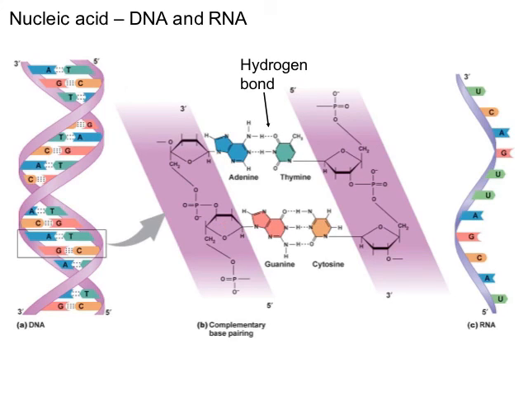Here are the sugars, and then here's the phosphate. And so it's just a bunch of nucleotides connected together in two linear chains, and they form these hydrogen bonds in between each other. And then shown over on the right side is RNA, and RNA is just a single strand of all those nucleotides connected together. And we know that DNA is used to store genetic information, and RNA is important for making proteins.